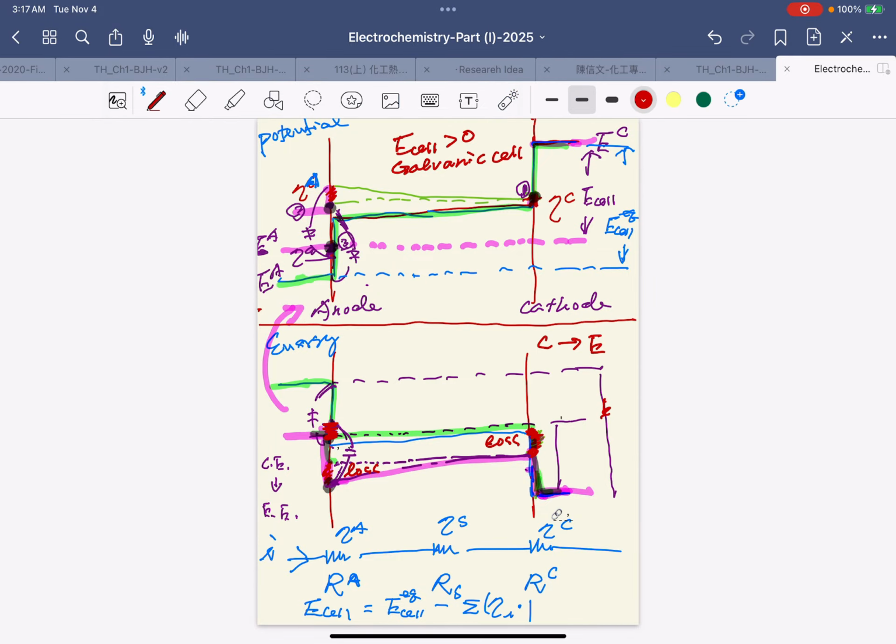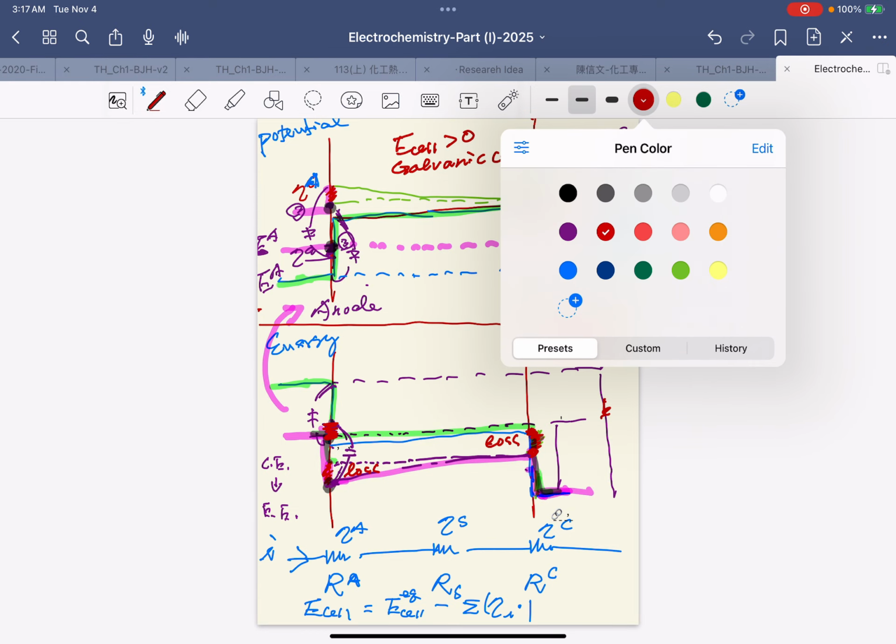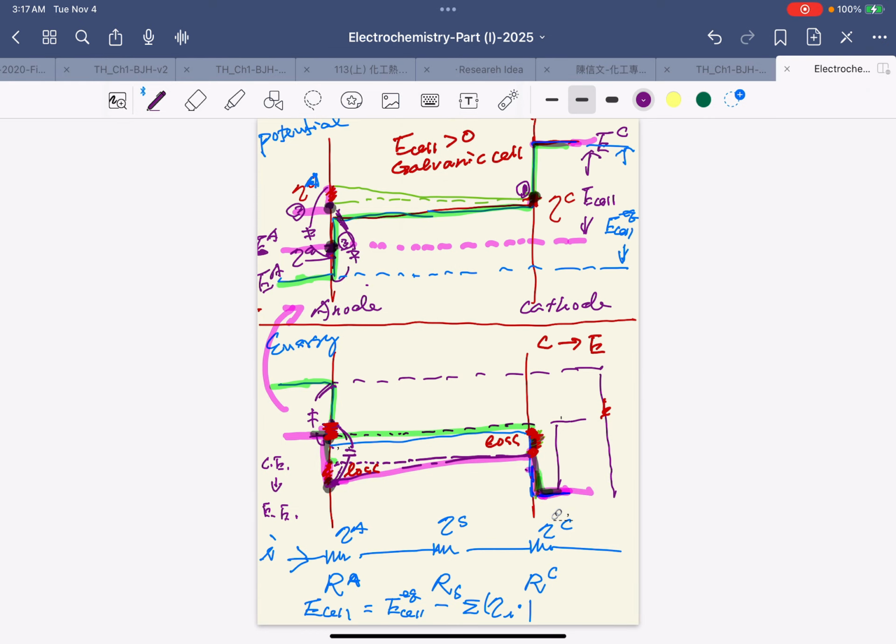So yeah, this is the thermodynamic from here, and this is also the thermodynamic, supposedly. Okay? But you also need to consider the loss at the anode part. So that is here. Okay? So this is the loss.